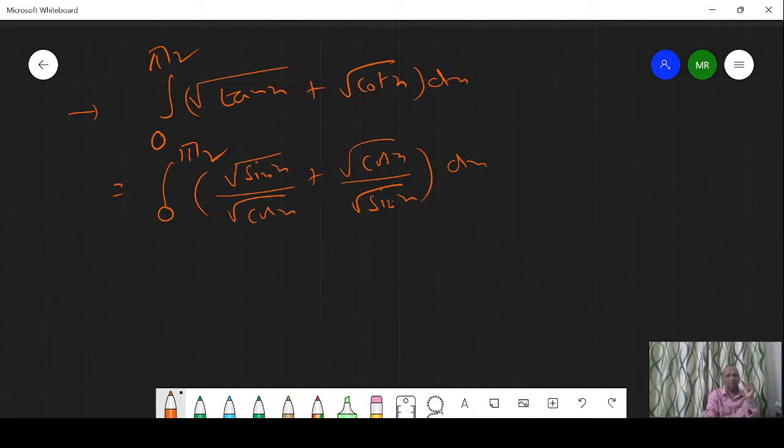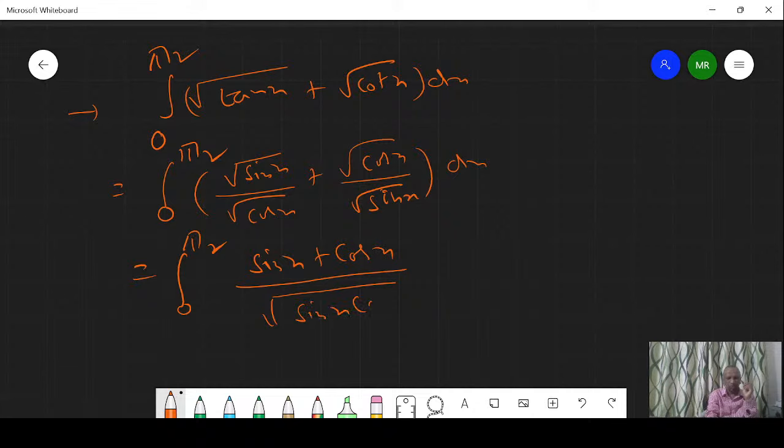Now take the LCM, root sin x cos x: sin x plus cos x by root of sin x cos x dx, integral 0 to pi by 2.